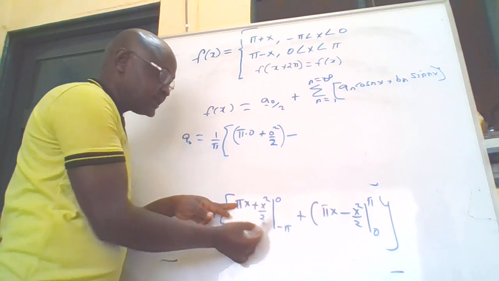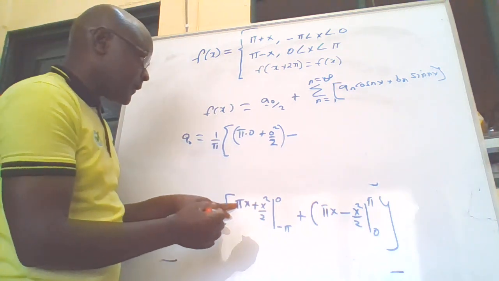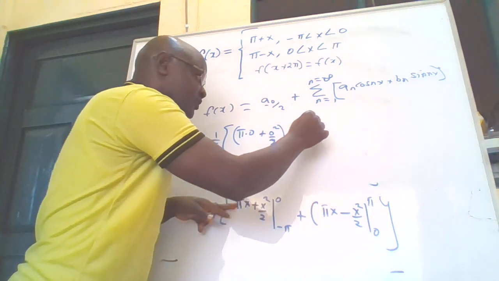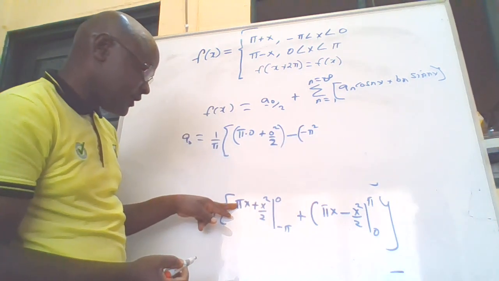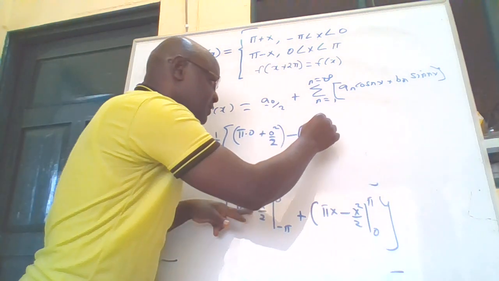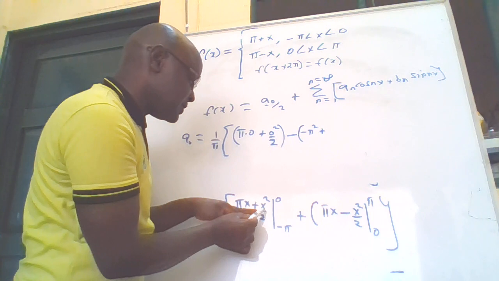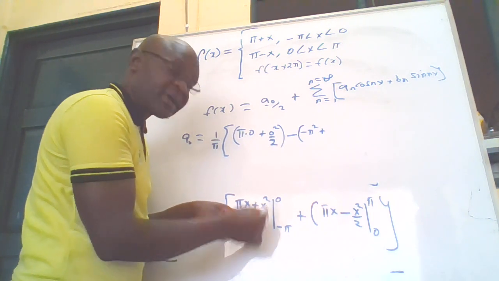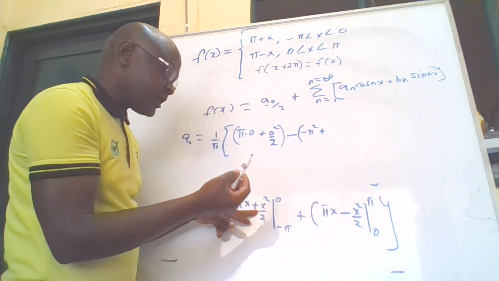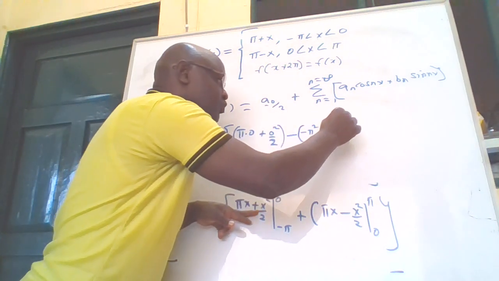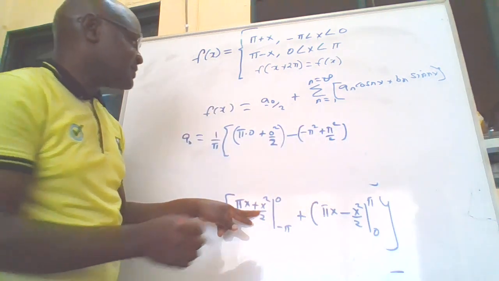So negative pi times pi, we shall have negative pi squared. Then here we have, of course, plus negative pi squared all over 2, so it will be pi squared all over 2, like that.